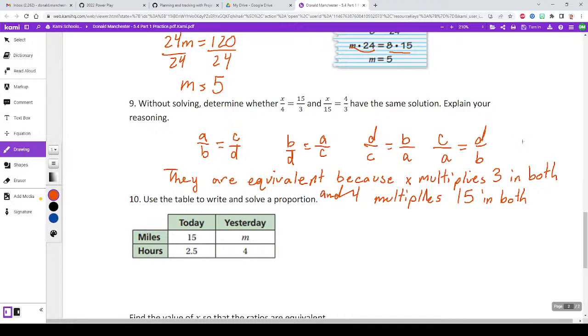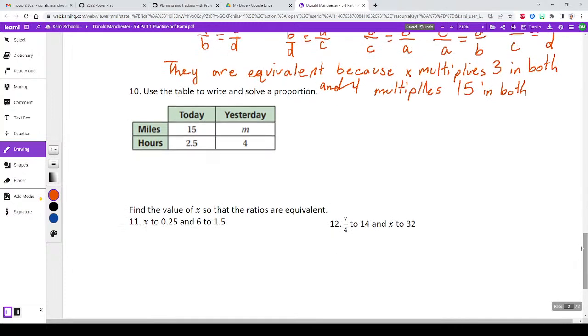Yeah, I guess the other one that's not there is the whole switcheroony places one, where you start off with A and D, but you switch B and C. That one actually, yeah.